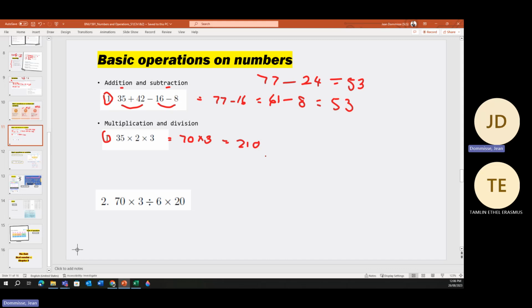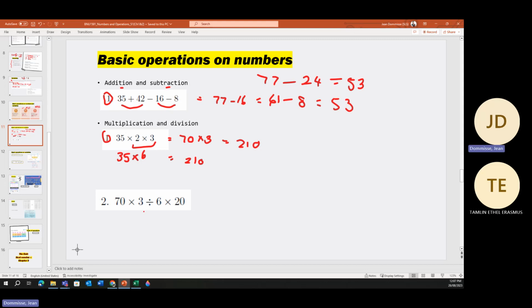You could also have said, what is 3 times 2? That is 6, and 35 times 6 is also 210. You could have done it the other way around as well: 2 times 3 is 6, times 35, that is also 210. So with multiplication, it doesn't really matter which one you do first. It will give you the same answer.